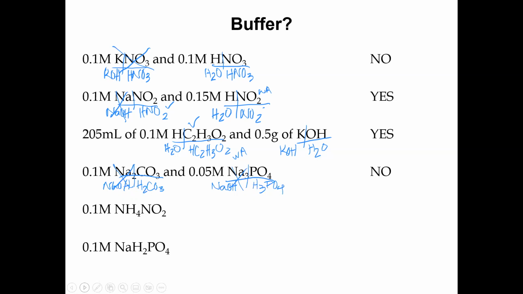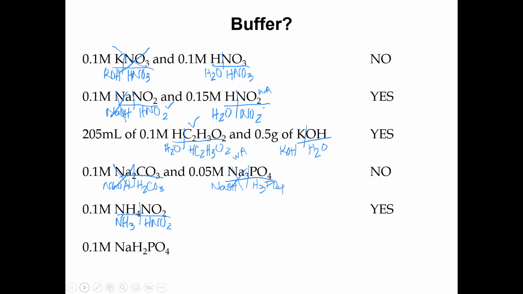Looking at our next one, this is where we have one substance and we want to see if it can react with both the acid and base. The ammonium would lose a hydrogen to produce ammonia. That hydrogen would go on to the nitrite to make nitrous acid, which is a weak acid. So it produces a weak base and a weak acid. So that is one of those salts that does not have a spectator and can react with both the hydrogen and hydroxide.